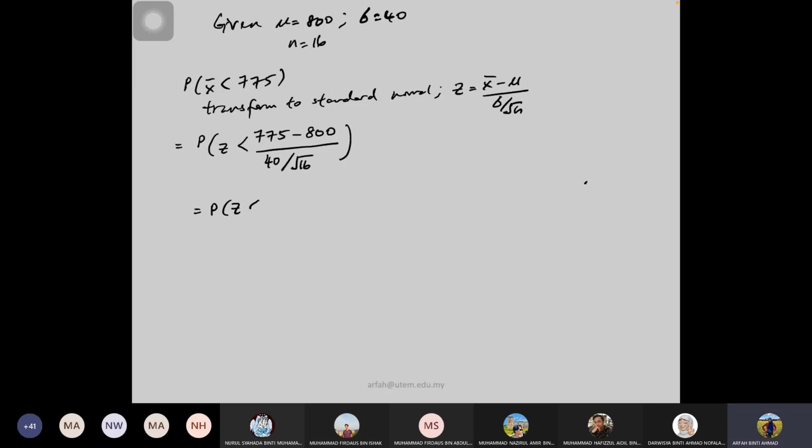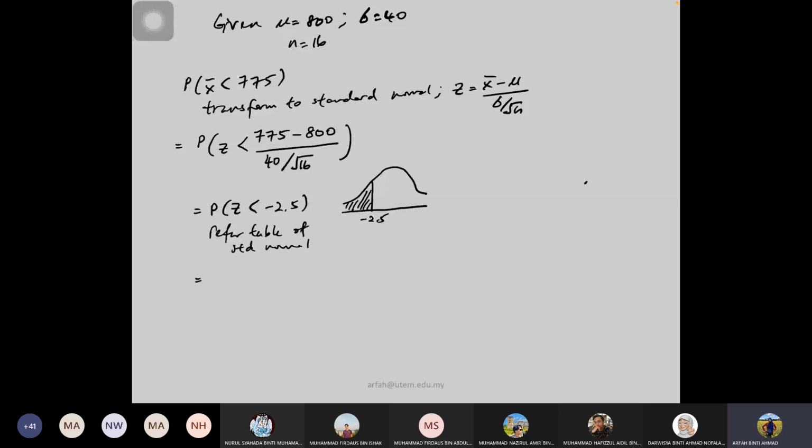So, ini akan sama dengan Z less than negative 2.5. Kalau awak tengok dekat table yang ini, okay. Negative 2.5, Z is less than. So, tengok refer table of standard normal. Ianya sama dengan rantau yang kita berminat.